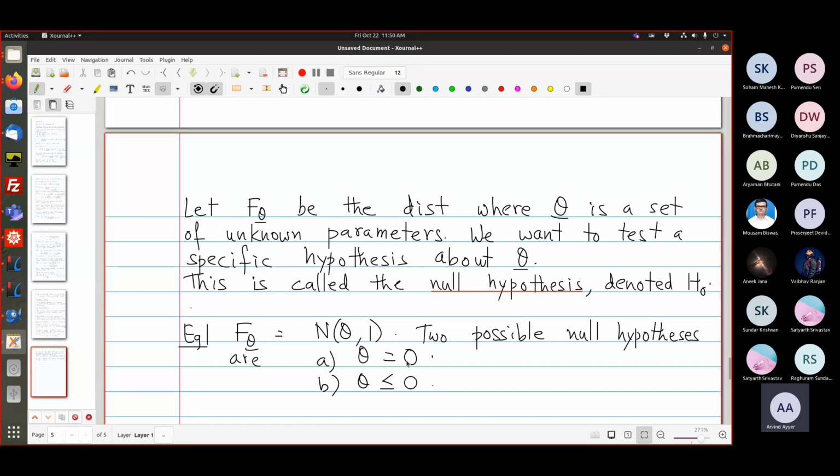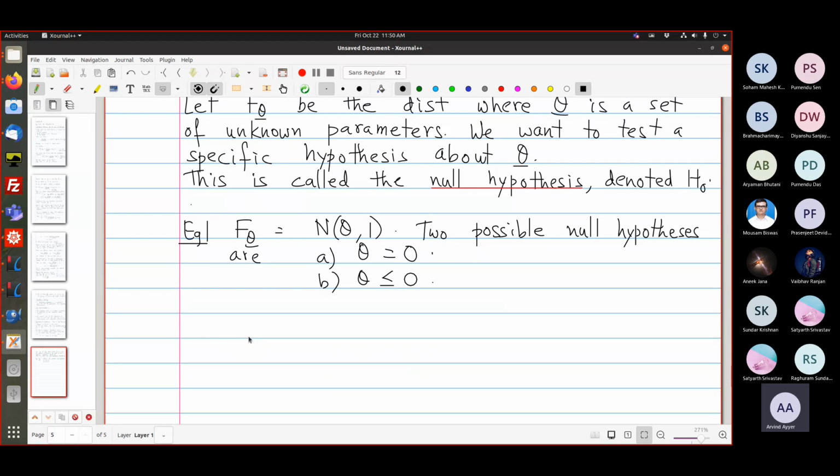In the first case we are saying that theta is precisely some given number, and in the second case we are allowing that it's non-positive.